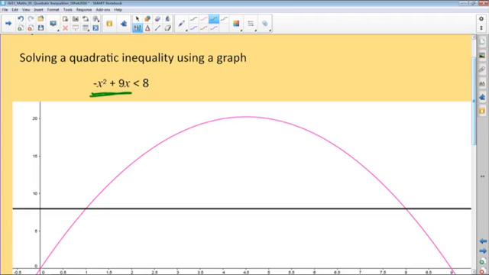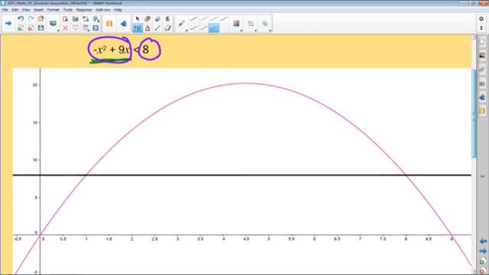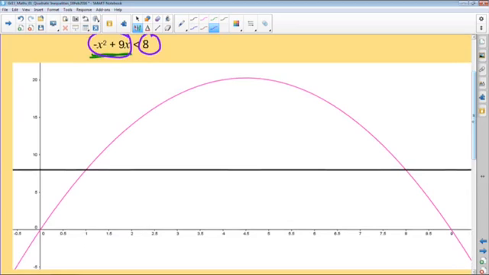This is a quadratic function, all right? And then this 8 is your linear function. So what we do here, we've got two graphs. There's a parabola, which is this, and then this is your straight line.